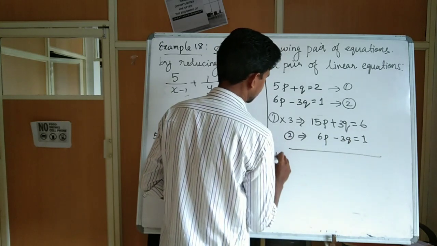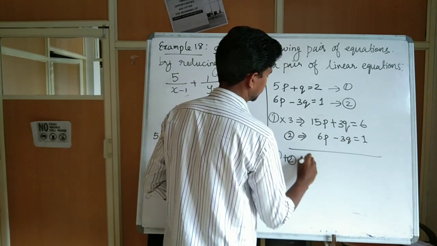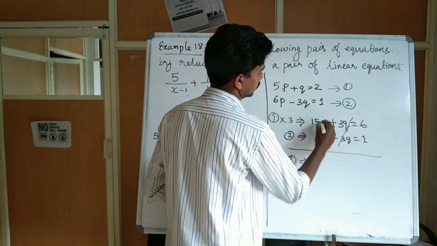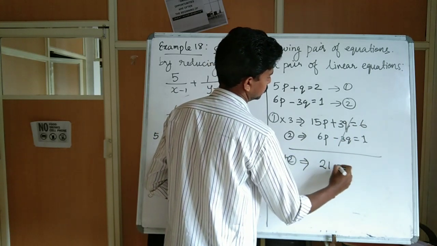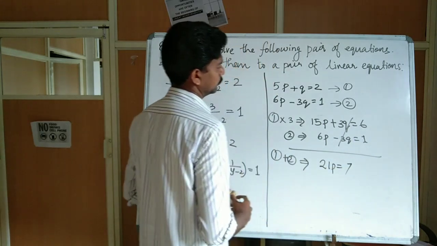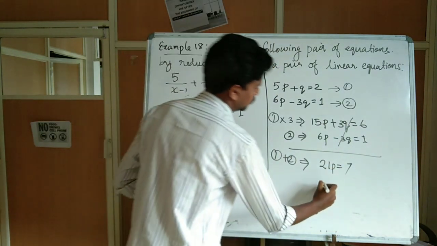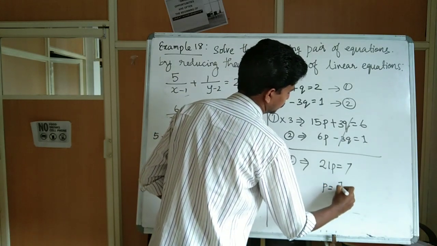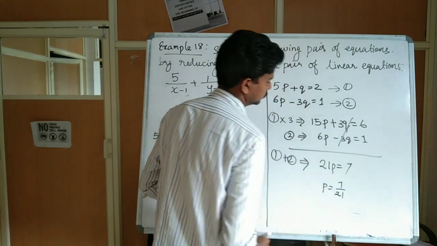Now what we are doing is adding equation 1 and 2. So these two will be cancelled. When we add, we get 21p is equal to 7. So p is equal to 7 by 21.